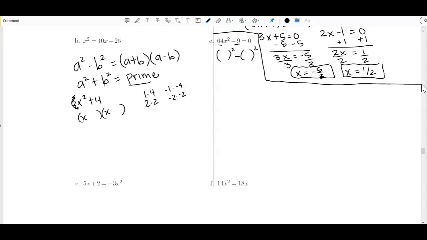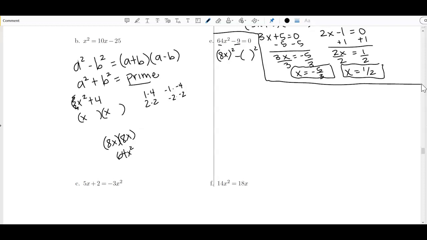For some students it's easier to break it down by the number first. What times what is 64? Well, that would be 8. And what times what gives me x squared? Well, that would be x, because if I did 8x times 8x, that would be 64x squared.